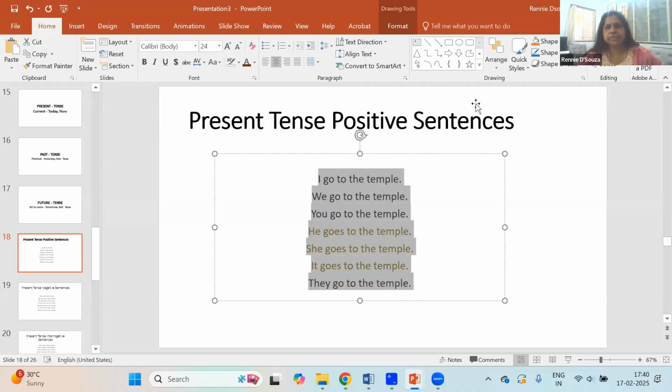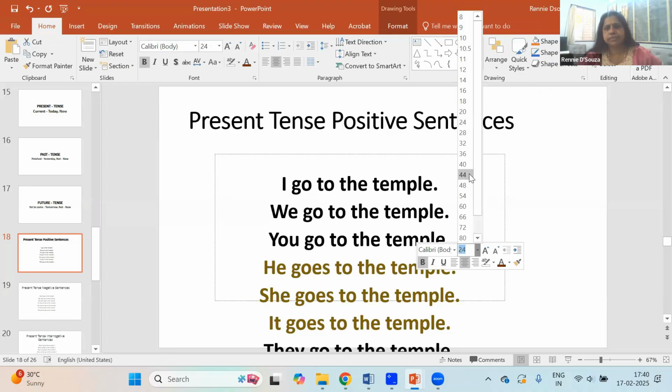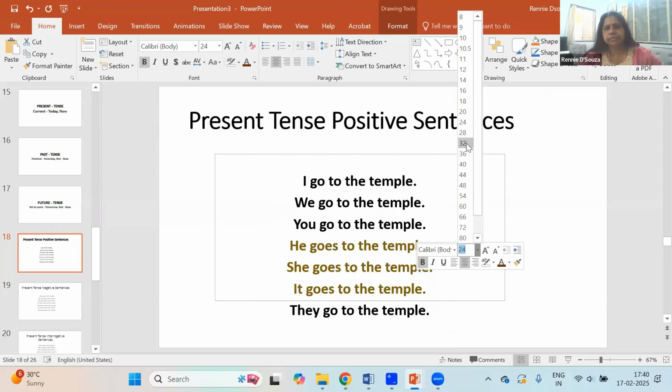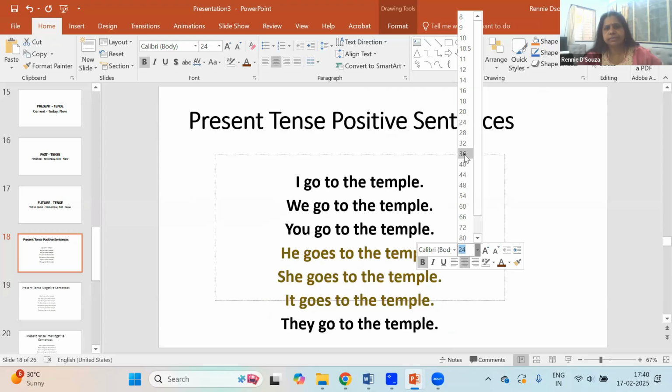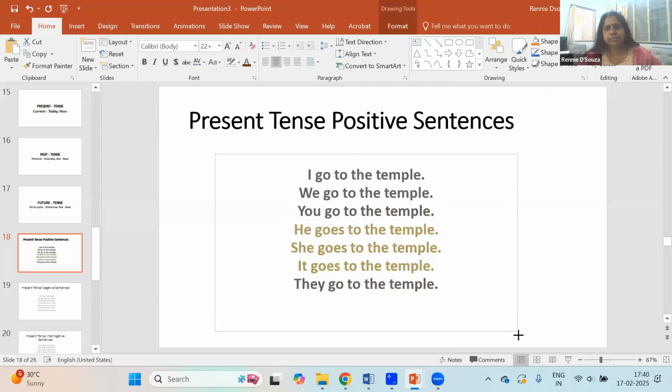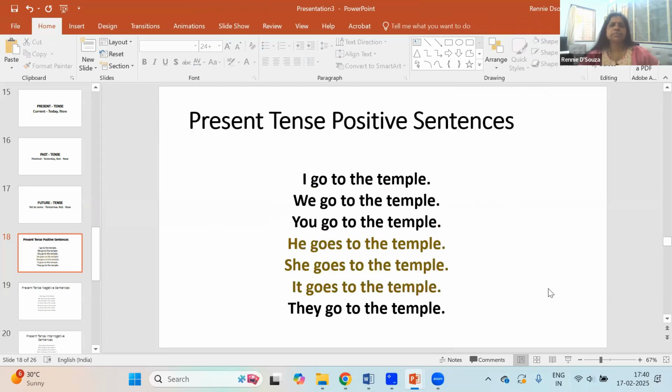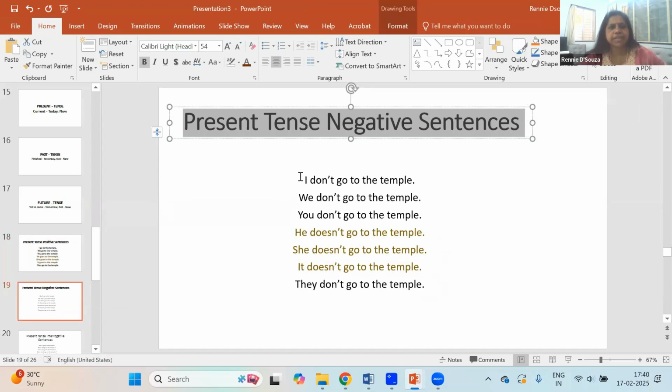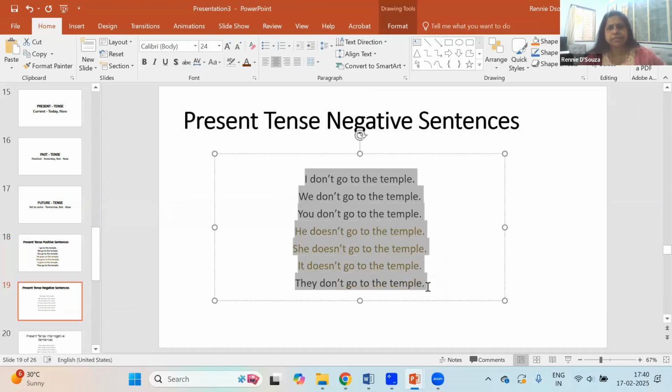And we have seen the present tense positive sentences, that is I go to the temple, we go to the temple, you go to the temple, they go to the temple. Whereas he goes to the temple, she goes to the temple, it goes to the temple. That means we are adding es to the verb for he, she and it, because he, she, it are called third person singular.